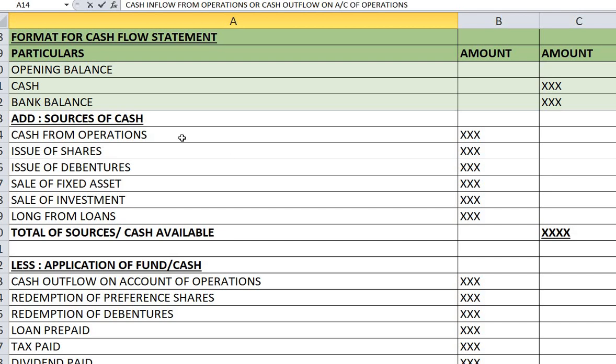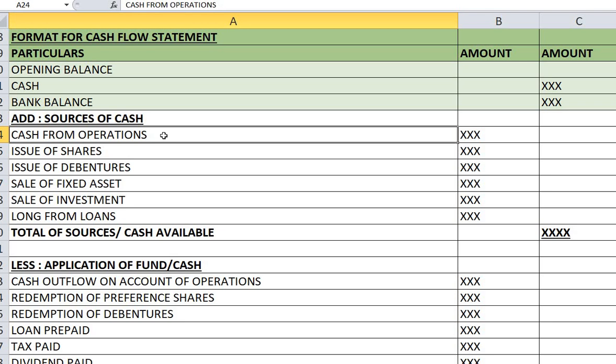The first internal source of cash is cash from operation, which you found in the first step. That is the main source of cash in your enterprise.